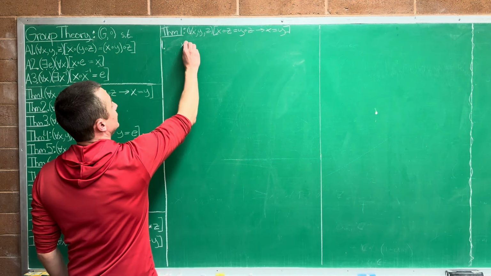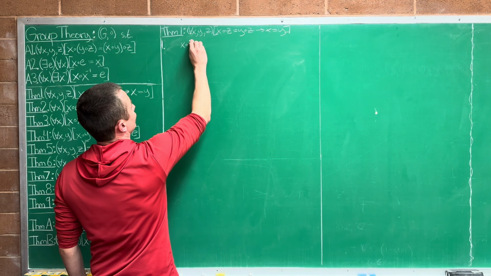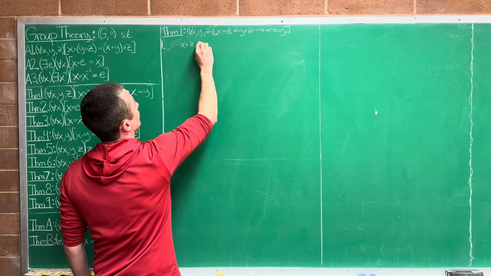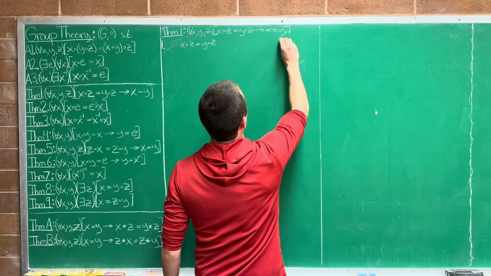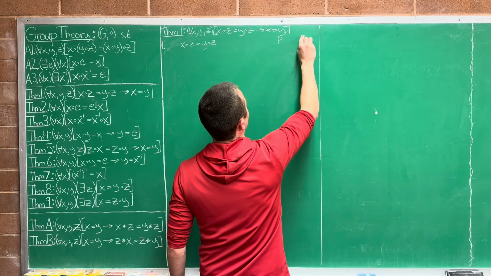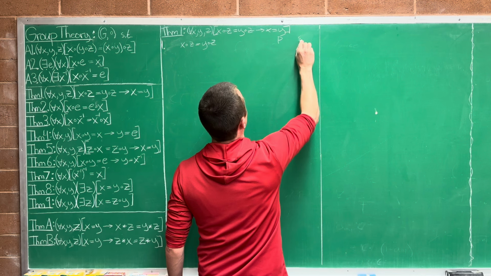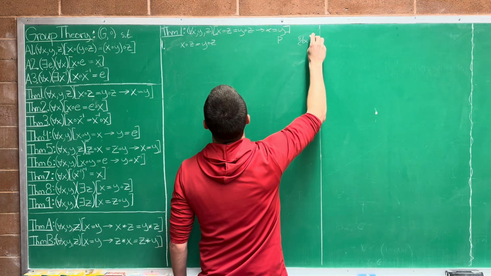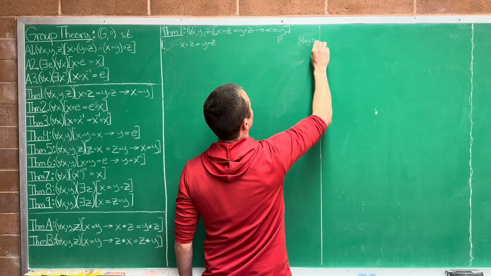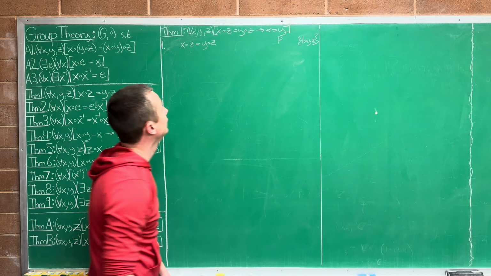Well, we will need to do that here in a second, but here we're just going to introduce this as a premise: x circle z equal to y circle z. We are introducing this using rule P. We can introduce a premise at any point. And it is dependent upon premise 1 for its validity, with free variables x, y, and z. Right? Okay.